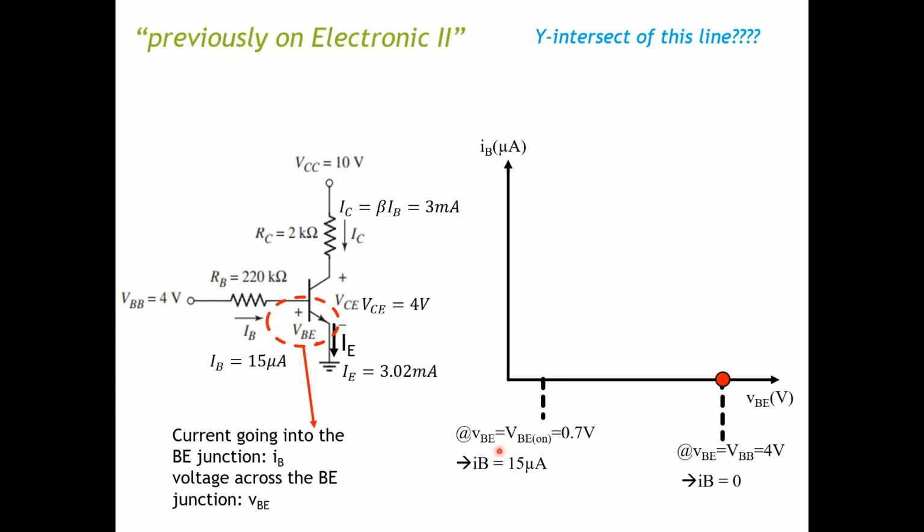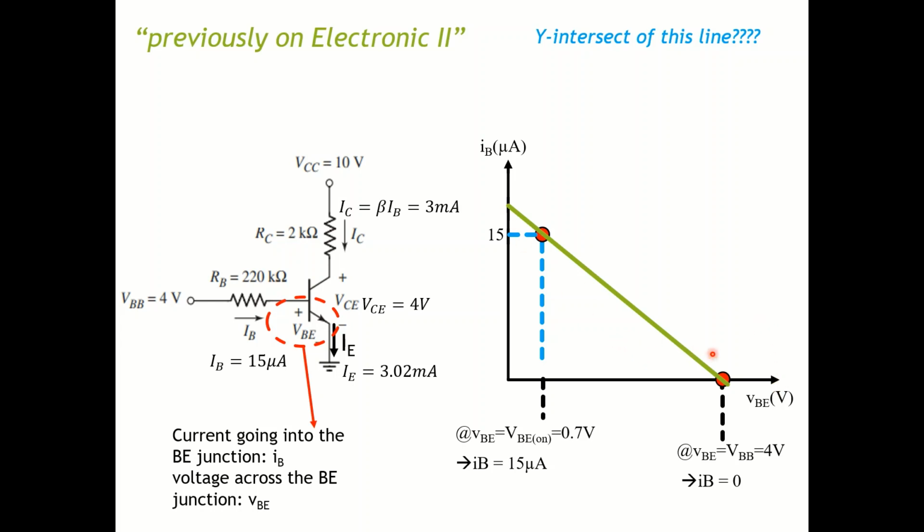So I know that the current will be 15 microamperes. So now I put a dot on the plot, and on the y-axis it should be 15. Now I have 2 points, right? With these 2 points, I can connect them together with a line.